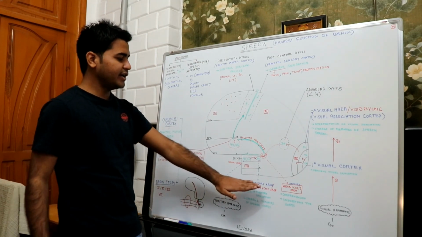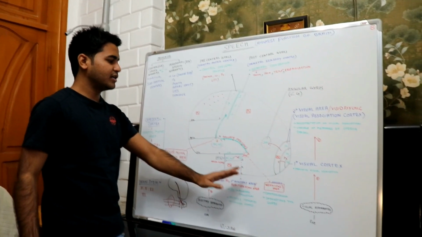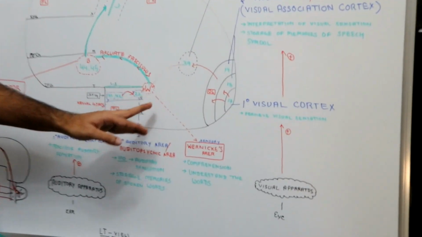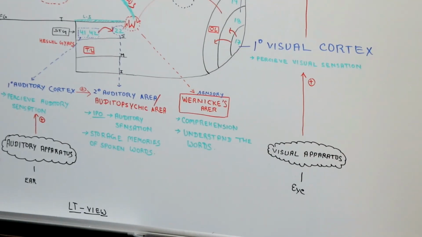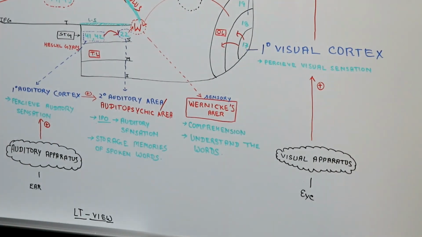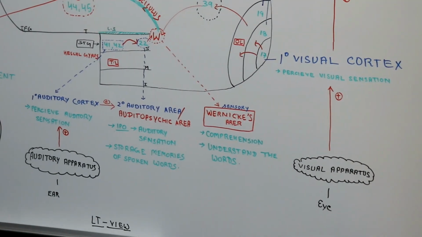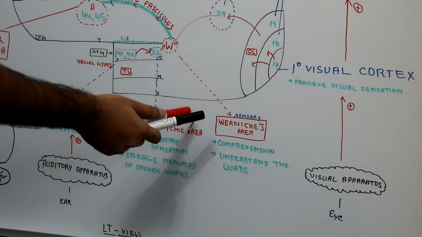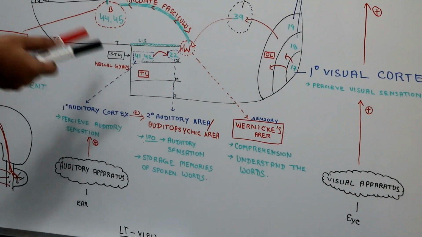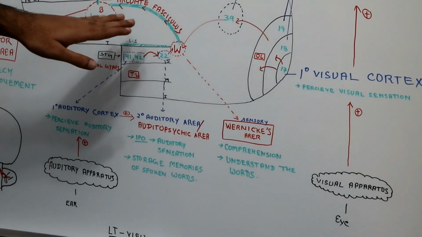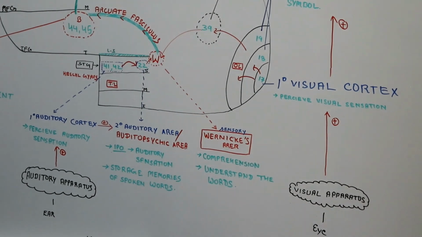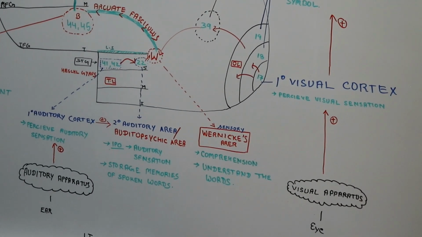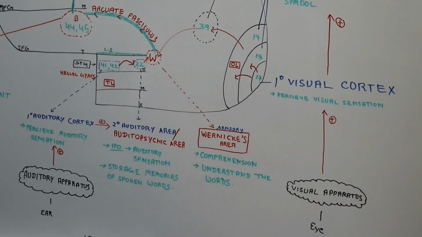After the secondary auditory area, this information will go toward the Wernicke area, and in the Wernicke area comprehension and understanding of the spoken words will occur. After this, Wernicke's whole path will follow like before, through the arcuate fasciculus, Broca's area, and from Broca's area to the cerebral cortex, cerebellum and brain stem, the same information.